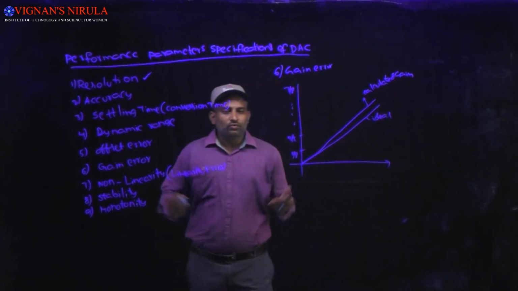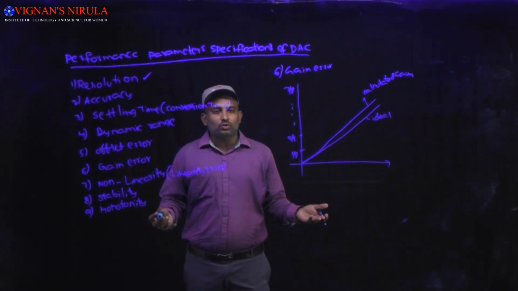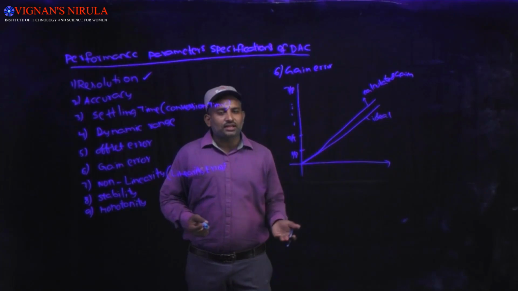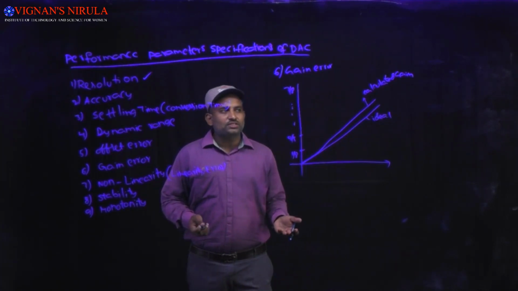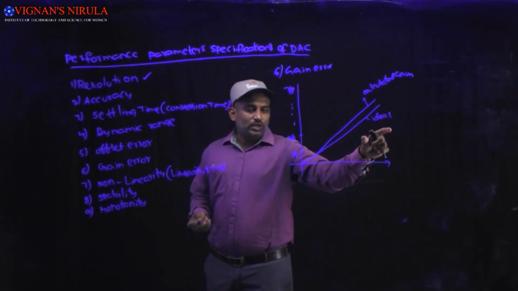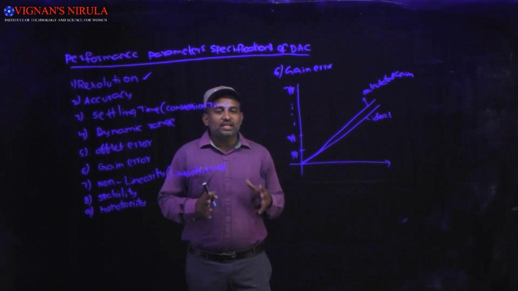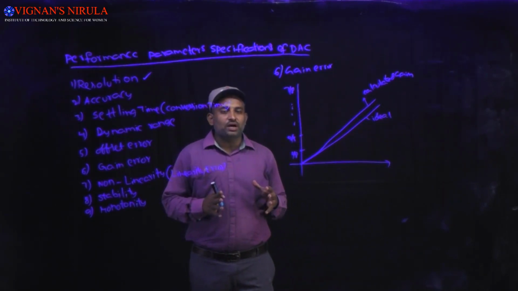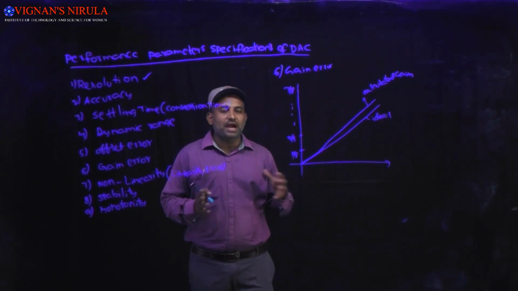So finally, the gain error is the difference between the calculated gain by using the current to voltage converter and the actual gain. This gain error occurs because of the errors in the feedback resistors.